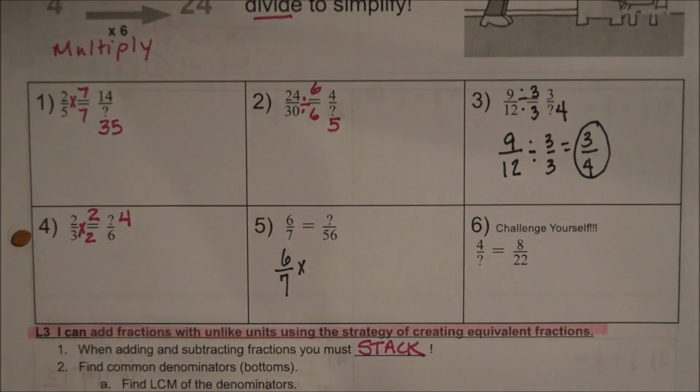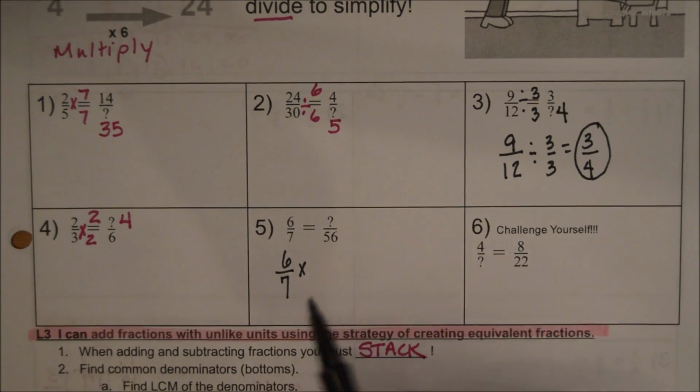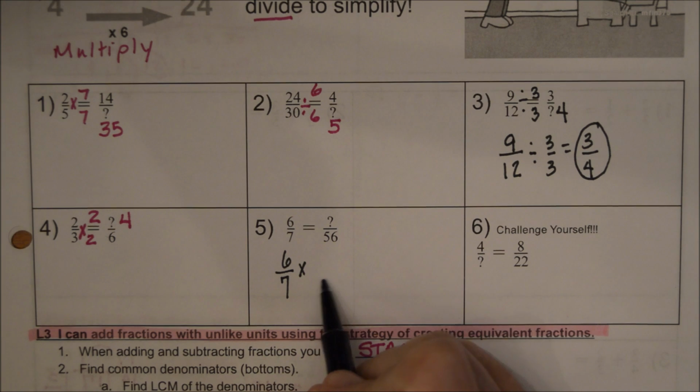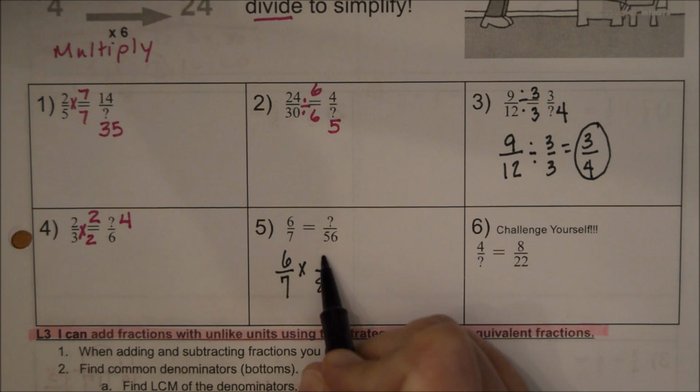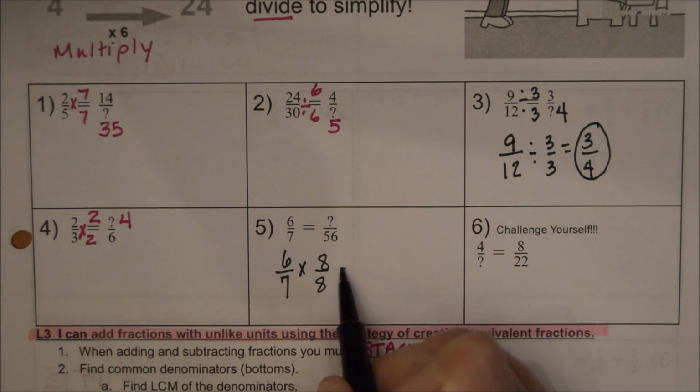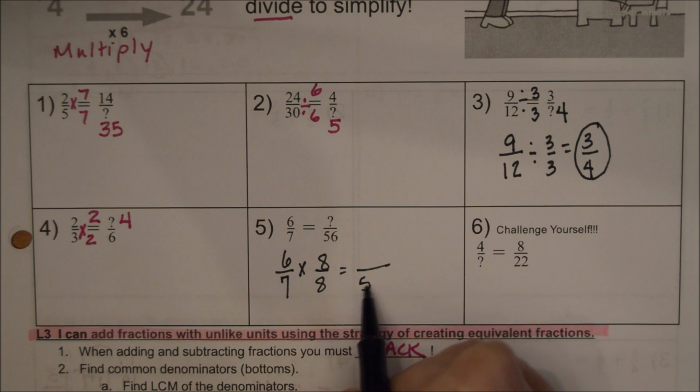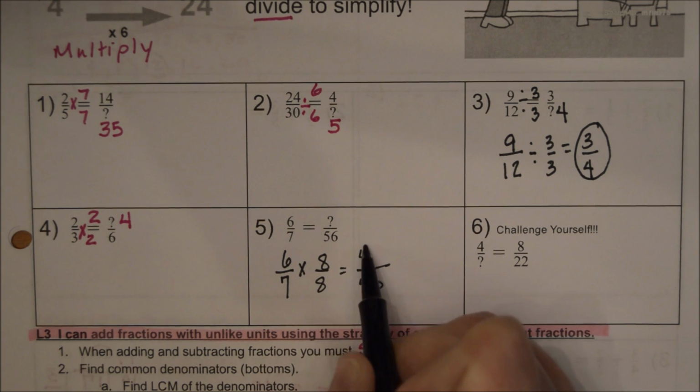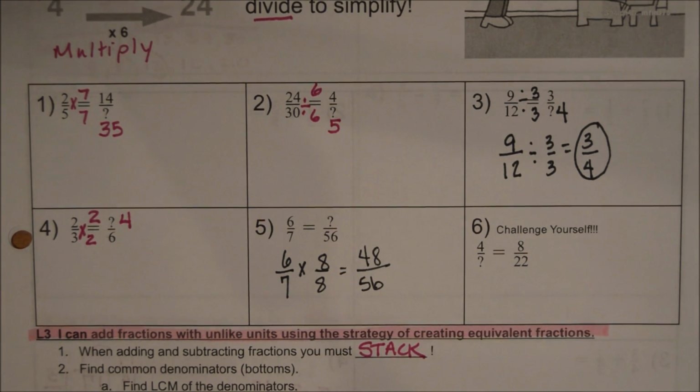Let's skip count. 7, 14, 21, 28, 35, 42. Y'all are stretching me here. 49, 56. So I have 8 fingers up, so that's going to be 8 over 8. And 6 times 8 is 48. Okay.